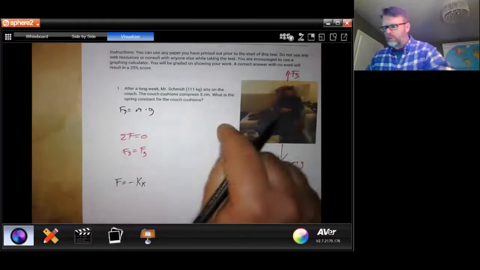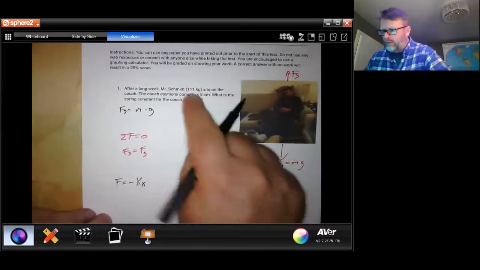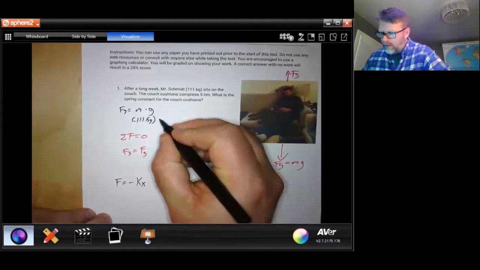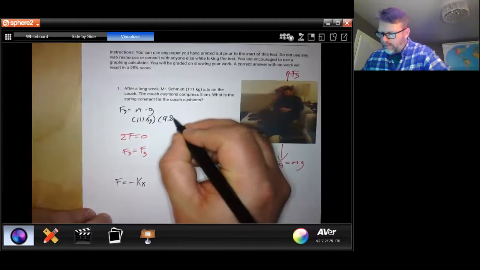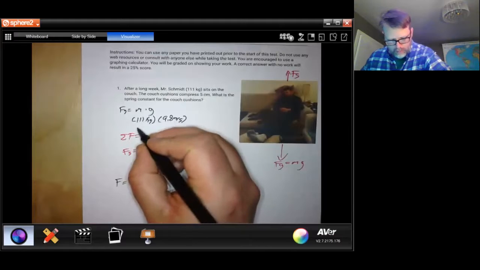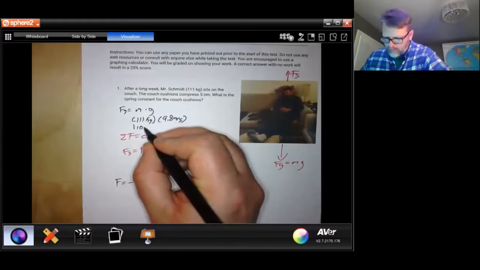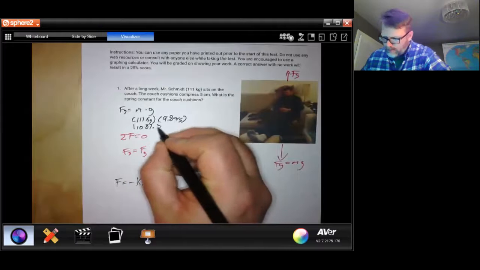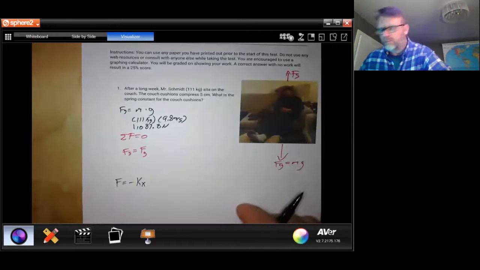So this is the first question. Try to keep everything straightforward. So we have our mass times gravity, and that's going to equal how much force I put on the cushions.